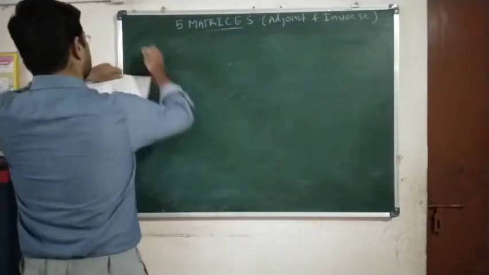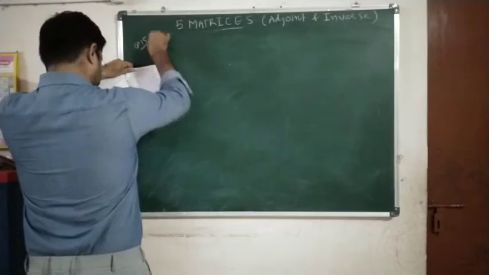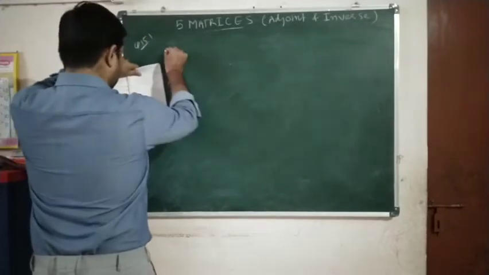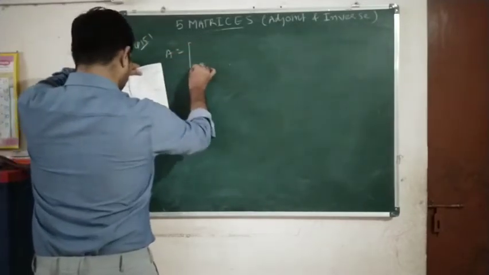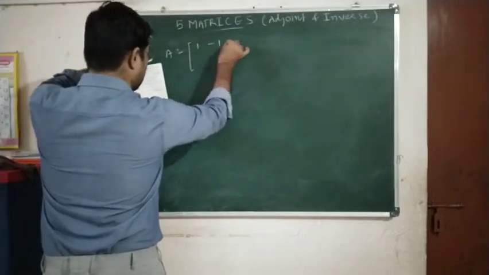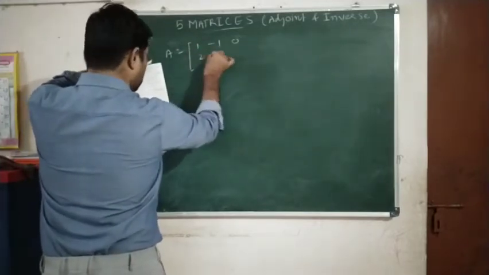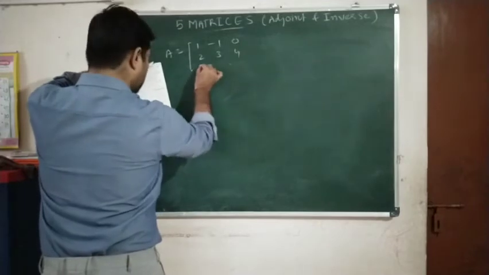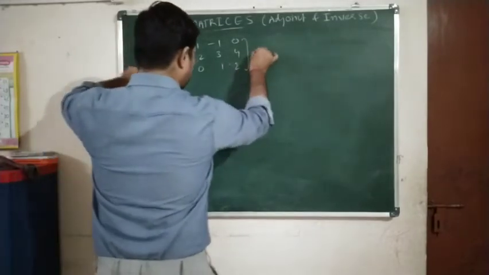Okay, now question number 15. Matrix A is given to be 1 minus 1 0 2 3 4 0 1 2.